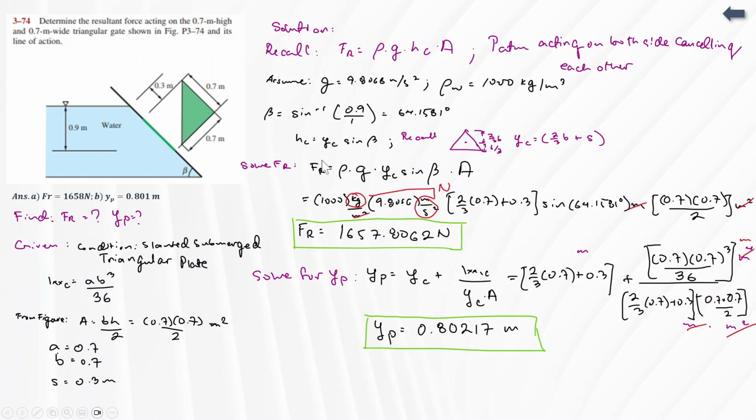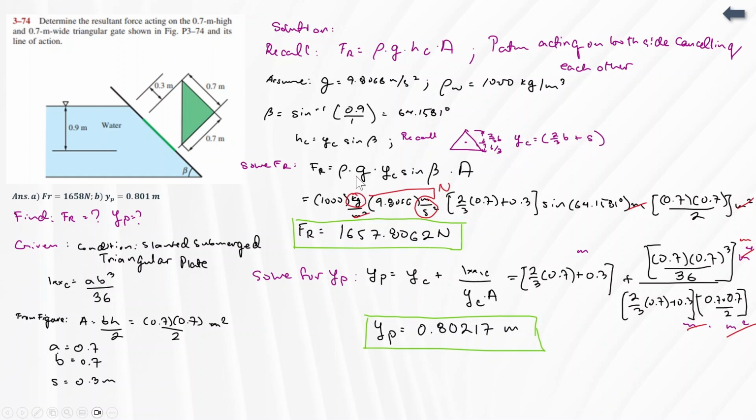So in this case, that's going to be yc sine beta. And if you recall, yc here, this is a triangle, is 2/3 of b. For a rectangular prism it is simply b over 2, but not here, so we use 2/3 b. So yc is 2/3 b plus s.